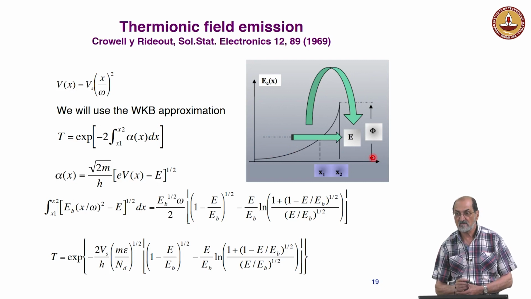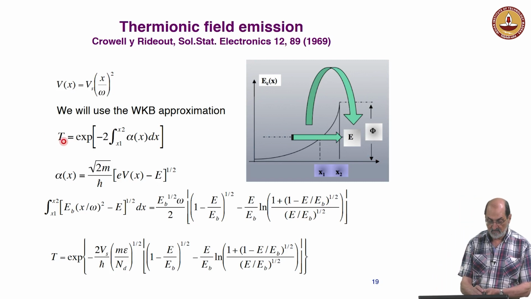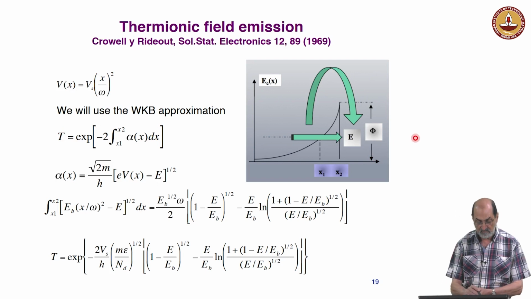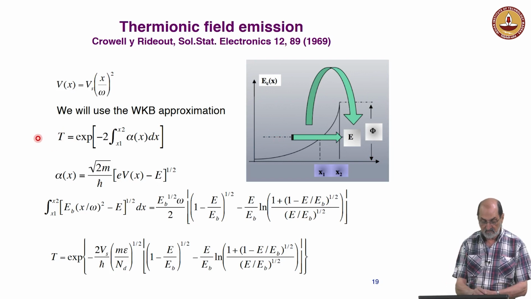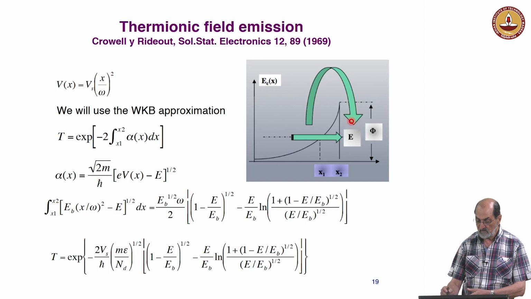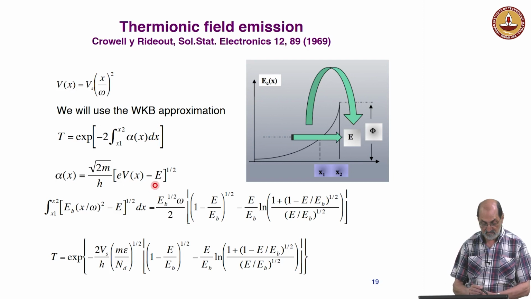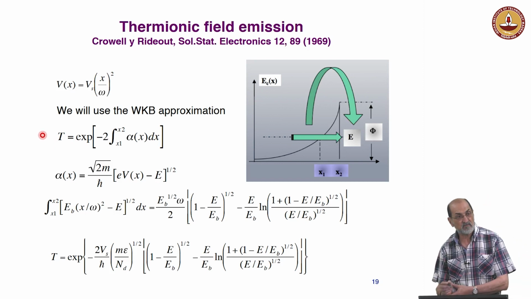I hope you have seen that in quantum mechanics courses. So the probability of transport from left to right is a function of this alpha, which is a function of the difference between the potential and the energy of the electrons. Then we have to do this integral to calculate the probability of going from left to right.